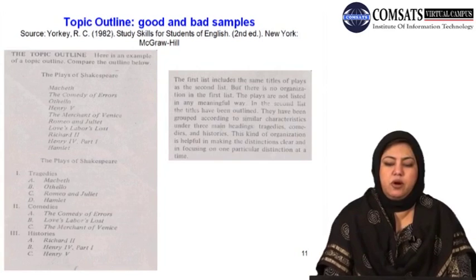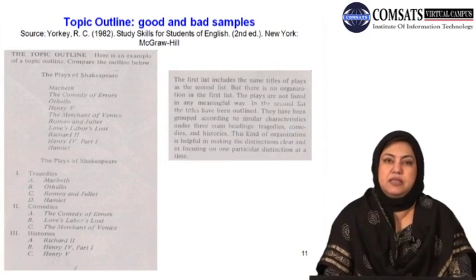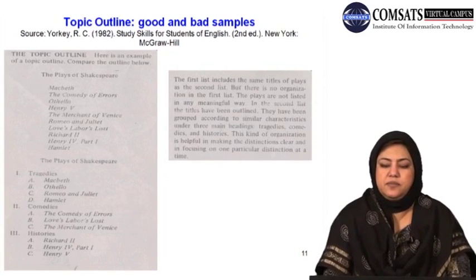They have been grouped according to similar characteristics under 3 headings in the second outline, where you can see them under tragedies, comedies, and histories. Also, numbering and sub-numbering is used to categorize them in the second outline for the plays of Shakespeare as compared to the first outline, where no numbering is used, which actually is a hindrance for the reader to understand.